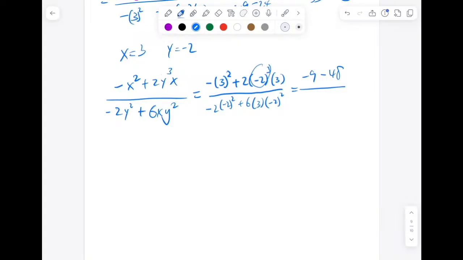On the bottom, this is going to happen first, and that becomes 4. 4 times -2 is -8, plus 3 is... 6 times 3 is 18. 18 times 4, I don't know what 18 times 4 is. 72? Yeah, okay.